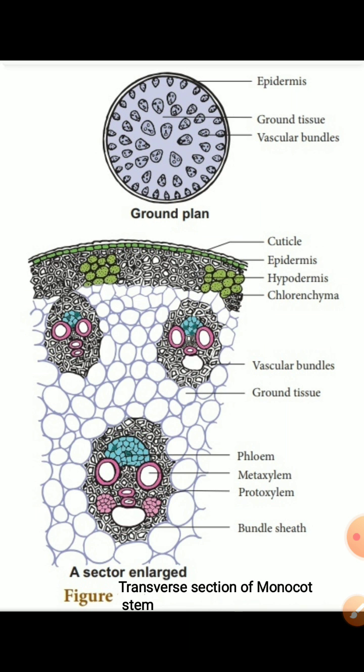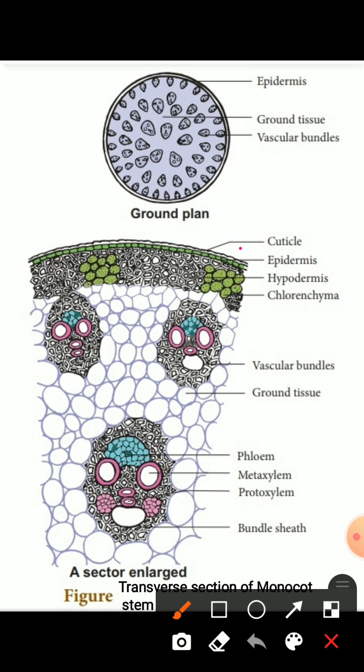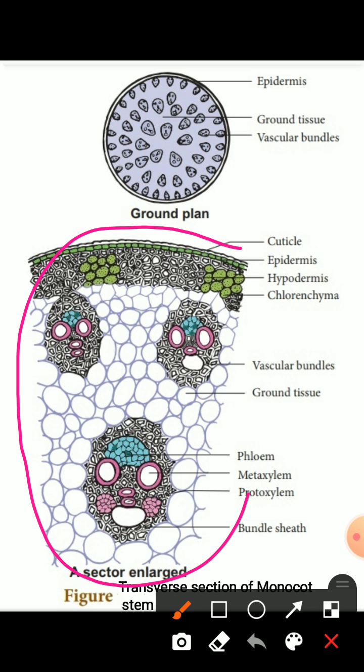So the total ground plan, or total complete section of the stem, can be explained by visualizing this much sector part of the stem.